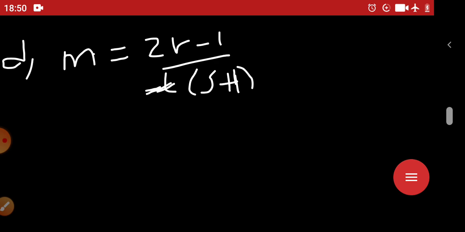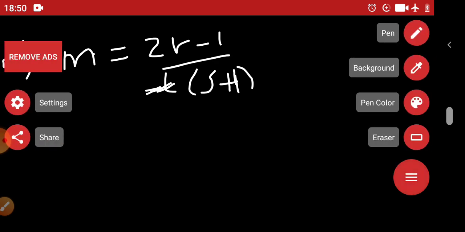Here, because T is in the denominator, what we can do is remove the denominator, so that we'll have T in the numerator. We can do that because the T times brackets of S plus 1 has divided.